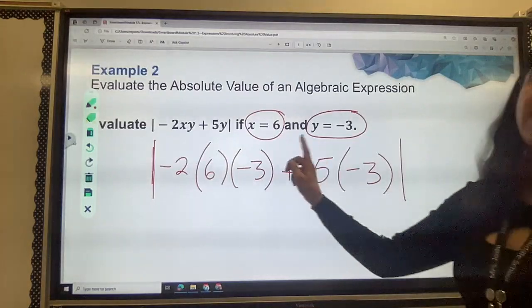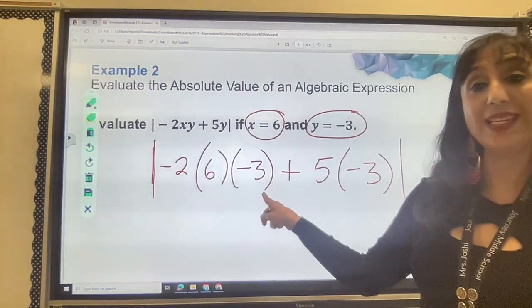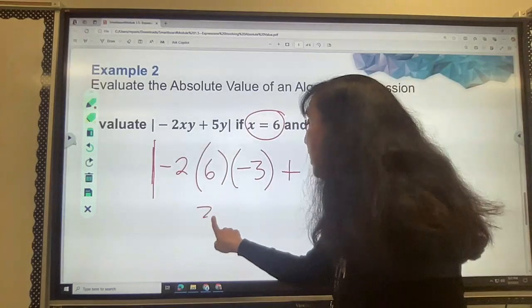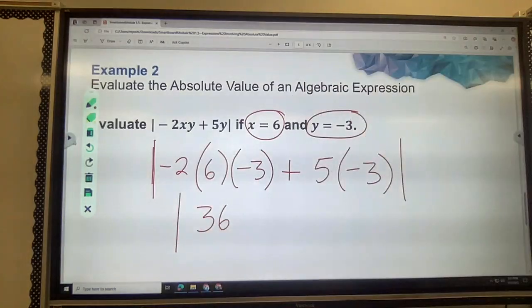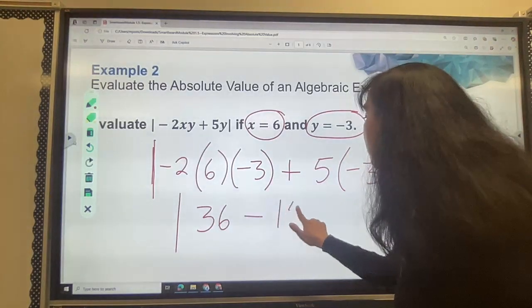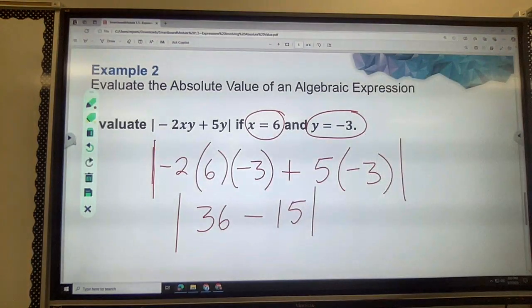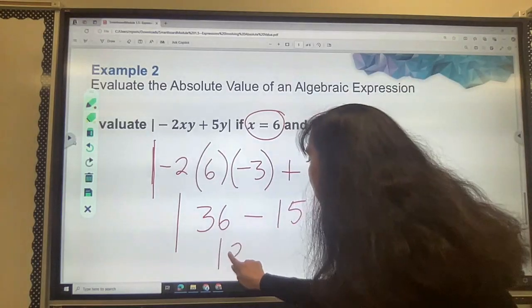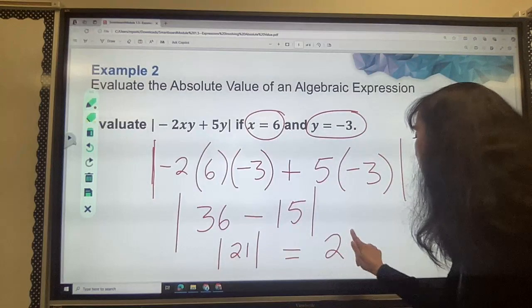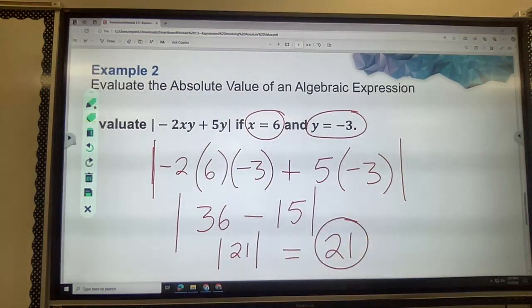Or I can say 6 times negative 3 is negative 18, and negative 18 times negative 2 is going to give me 36. Okay, so we have 36 and we have 5 times negative 3. So opposite signs, I'm going to get minus 15. And then I have absolute value of 36 minus 15, and that gives me absolute value of 21. And what is the absolute value of 21? That gives me 21 as my answer to this problem.